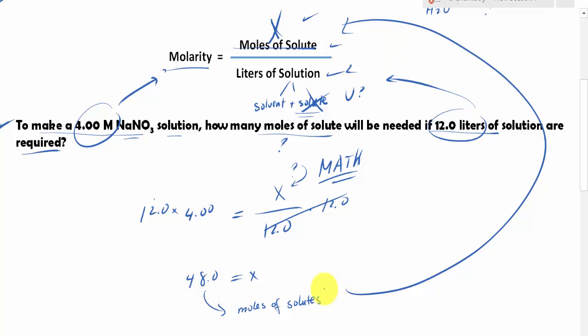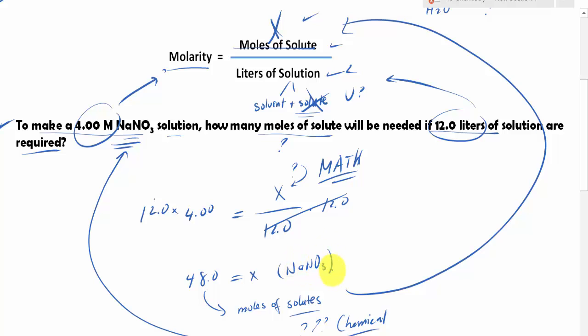But what about solute? One important piece of information that we need to think about is the term solute itself. Do we know the identity of this solute? That is, do we know the chemical formula that's involved? In this case, we are talking about a solution that consists of sodium nitrate that's being dissolved in a solvent that is not given to us. So we can think of solute, cancel that out, and we can say, hey, this is 48.0 moles of NaNO3.